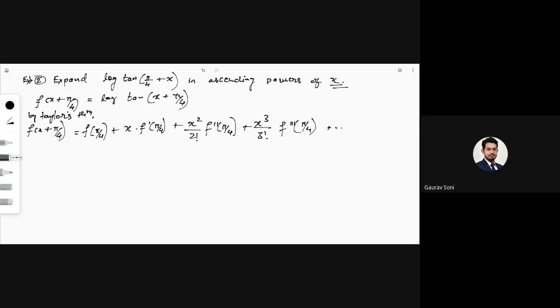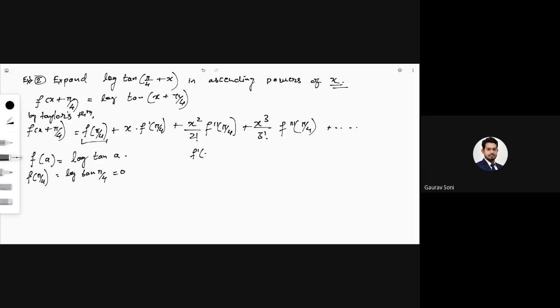That's it. No need to go ahead. Okay, so to find f of pi by 4, let's just understand what is f of a. What is f of a? Log of tan of a. Are you convinced with this? Yes, sir. So f of pi by 4 will be log of tan pi by 4. Tan pi by 4 is 1 and log of 1 is 0.